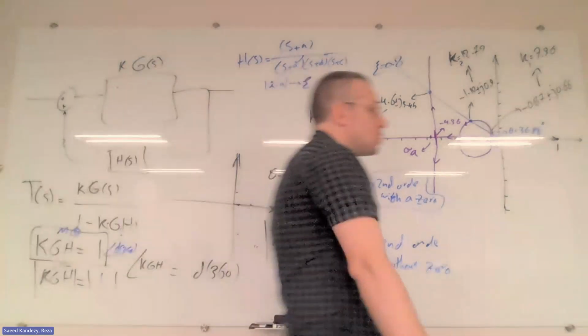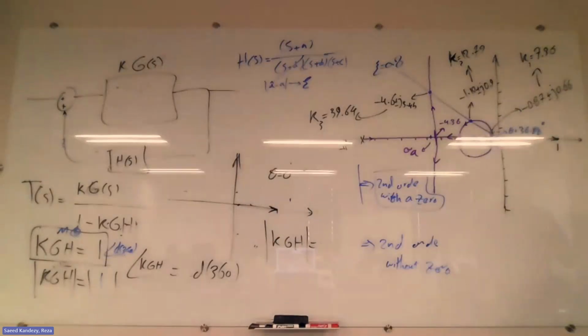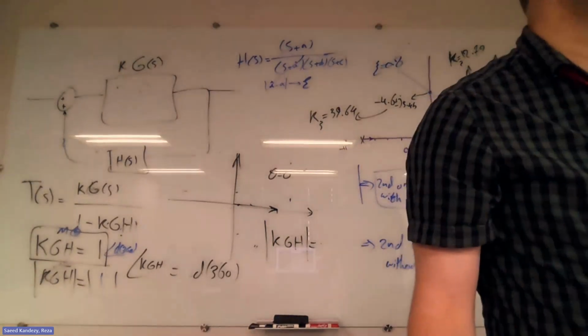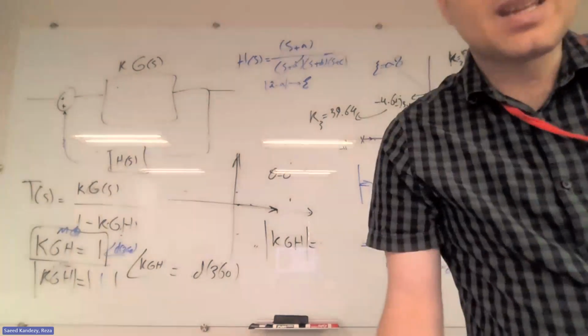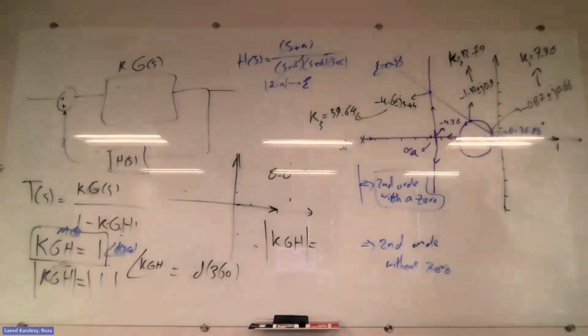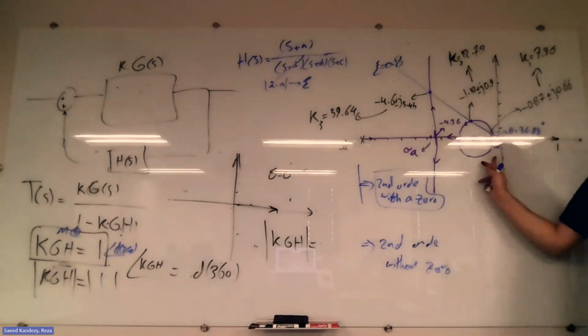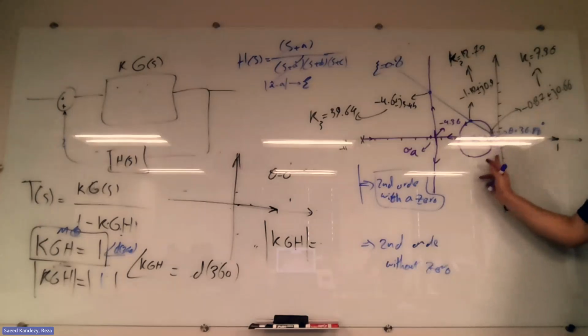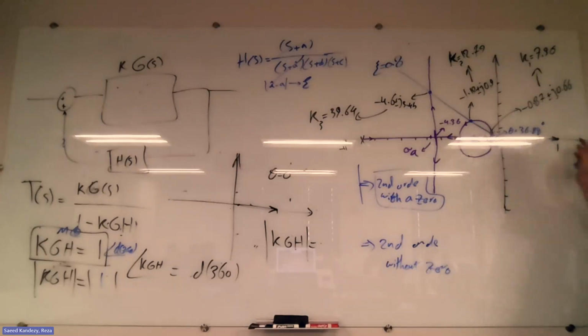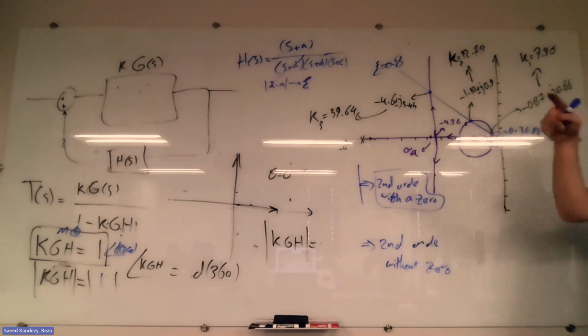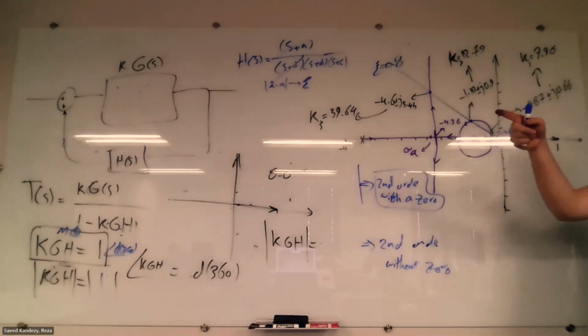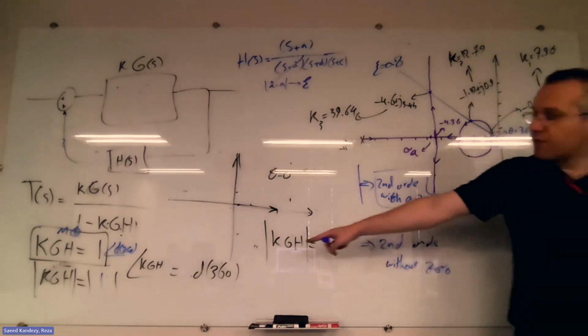If the theta changed, do you remember when we talked about finding the portions of the real axis for the root locus? The reason we said the sections of the root locus in a feedback loop would be included in the trajectory when you have an odd number of poles or zeros at the right was because of that 2d plus 1 times 180, right? Now we have a different value.